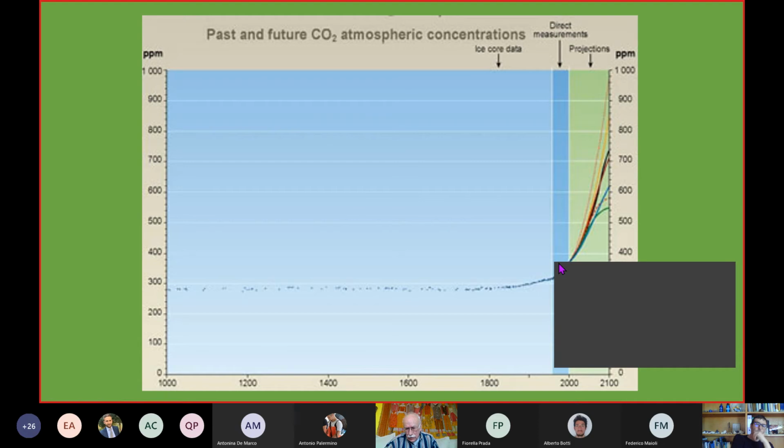That's the blue section. And these are different scenarios of the IPCC Institute for the prediction of climate change.